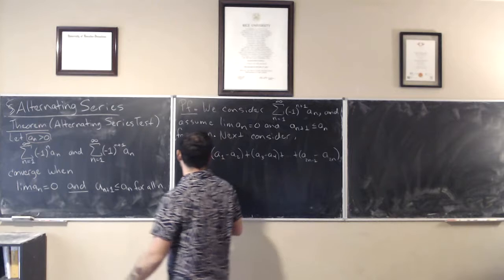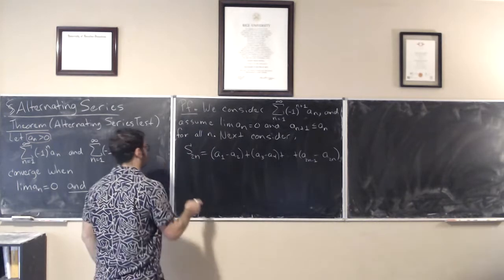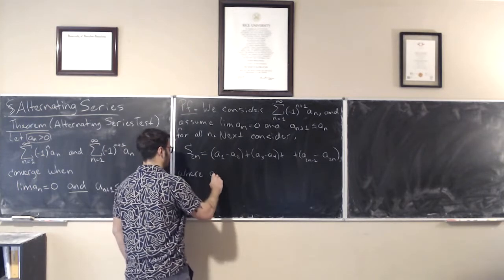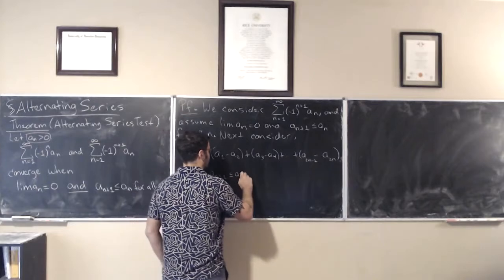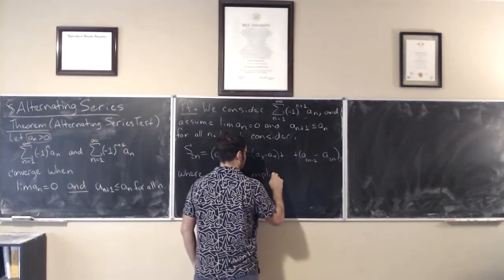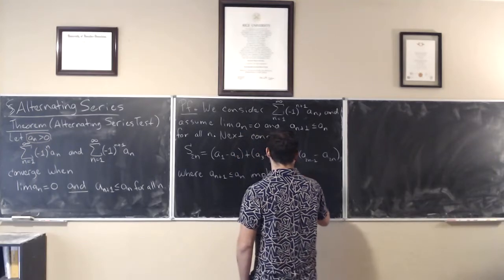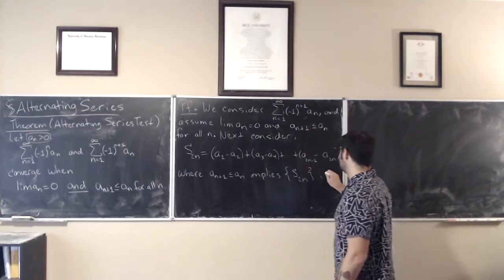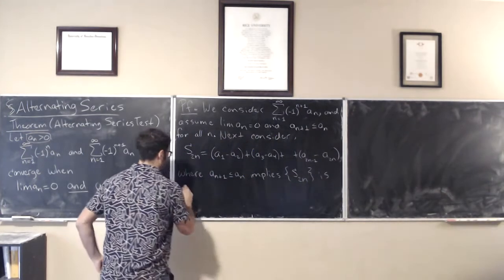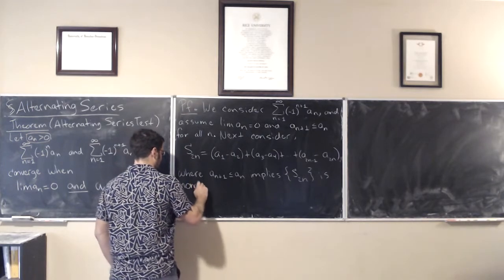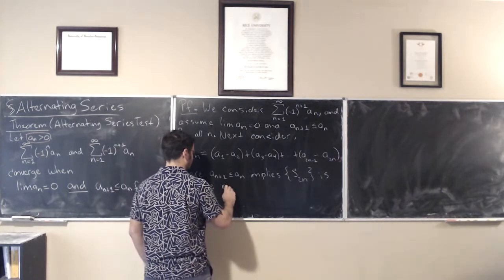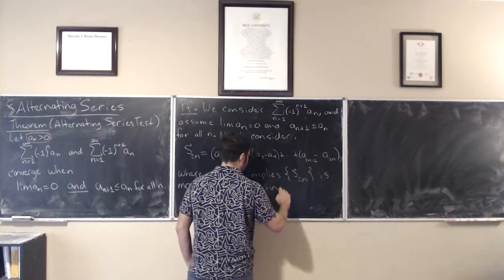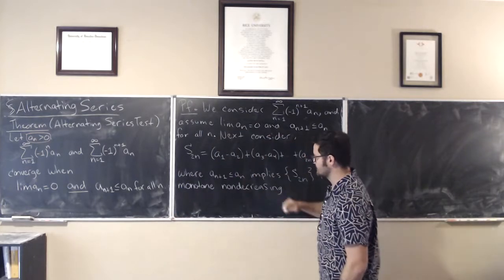So a_(n+1) less than or equal to a_n implies this subsequence, the even partial sums, is monotone increasing, or non-decreasing, because we're adding non-negative numbers to each subsequent term of the partial sums.